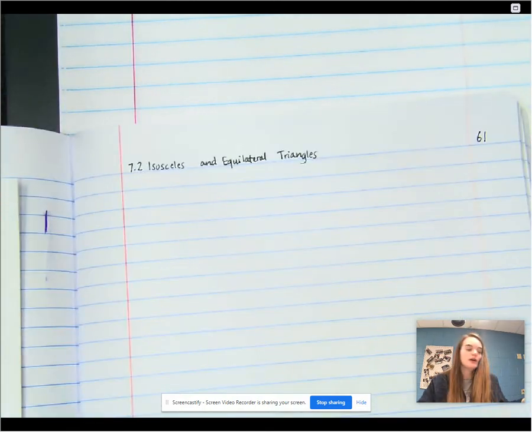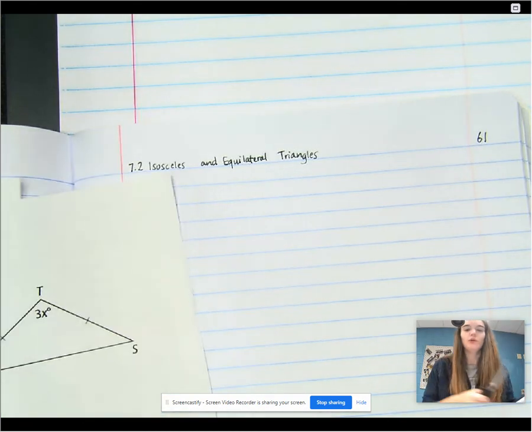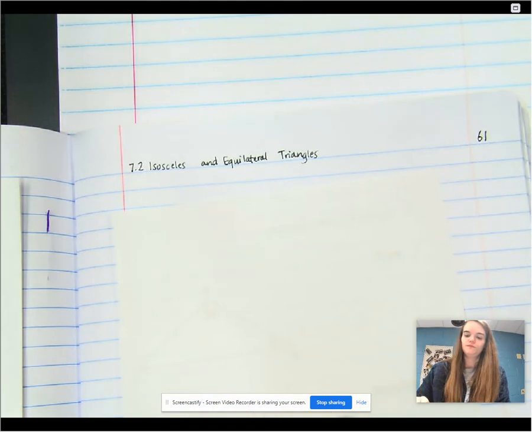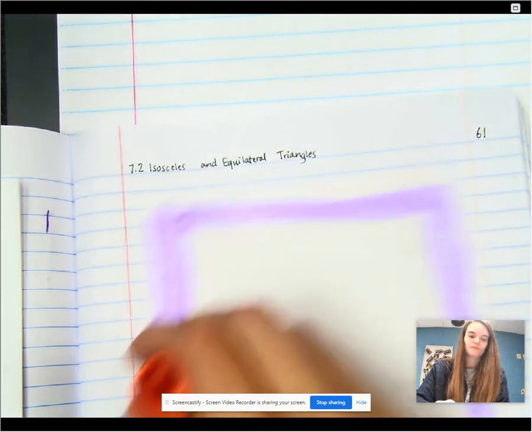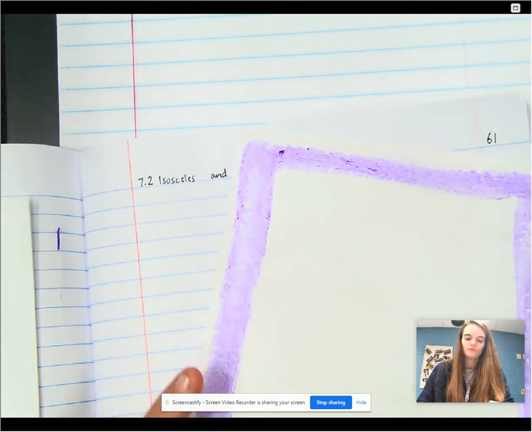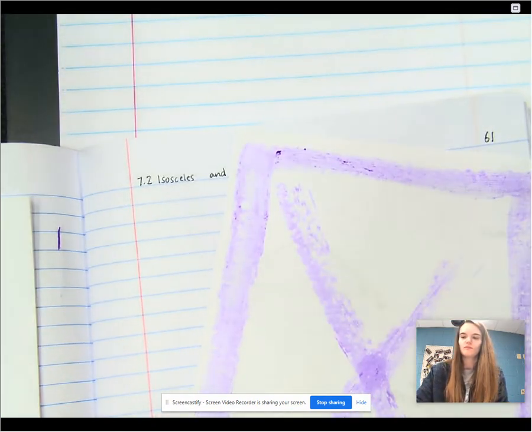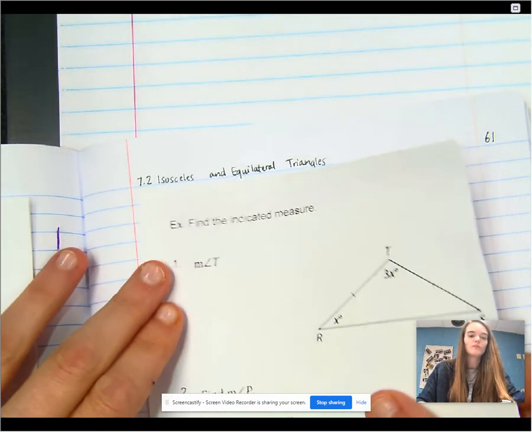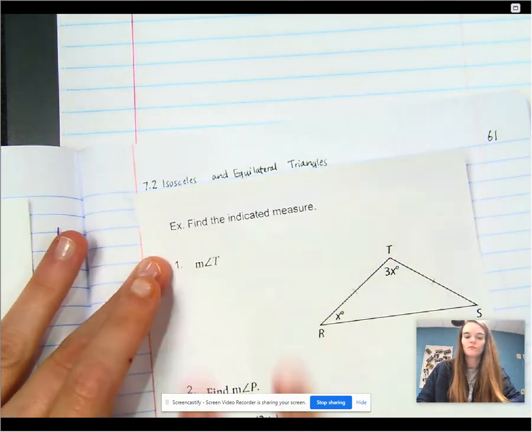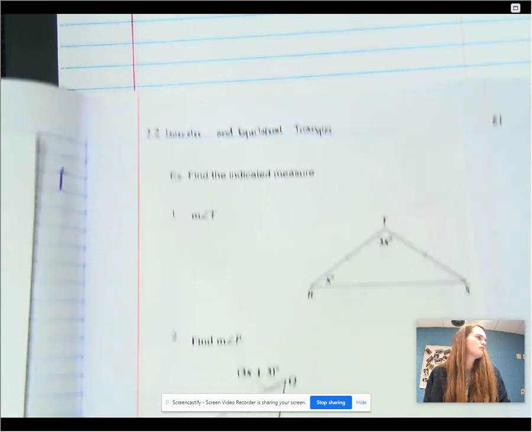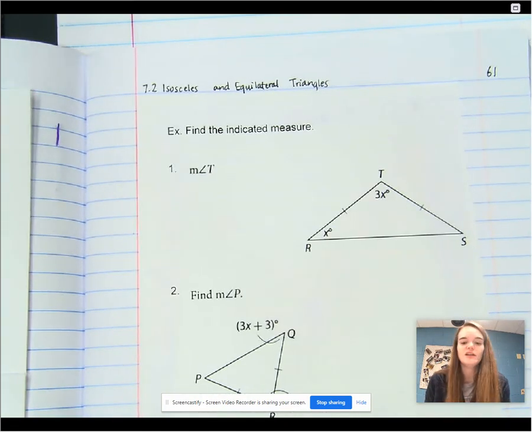On page 61, we're going to put in our other problems. I'm just going to go ahead and glue them while they're sitting here. Okay, and it says find the indicated measure.